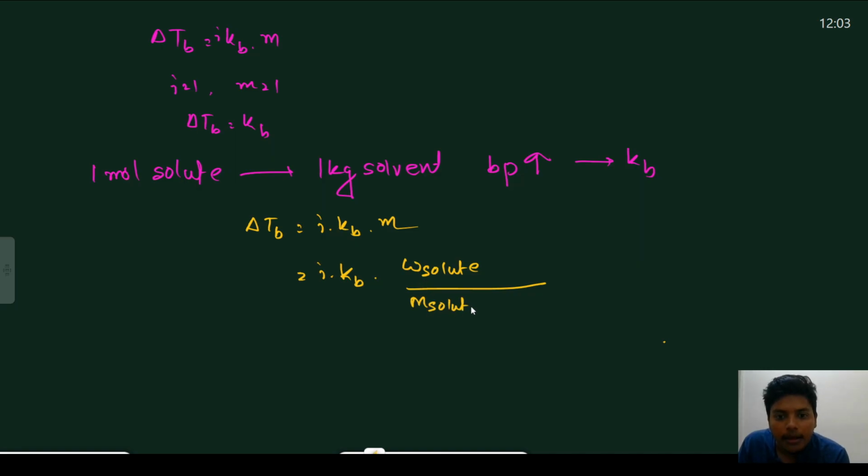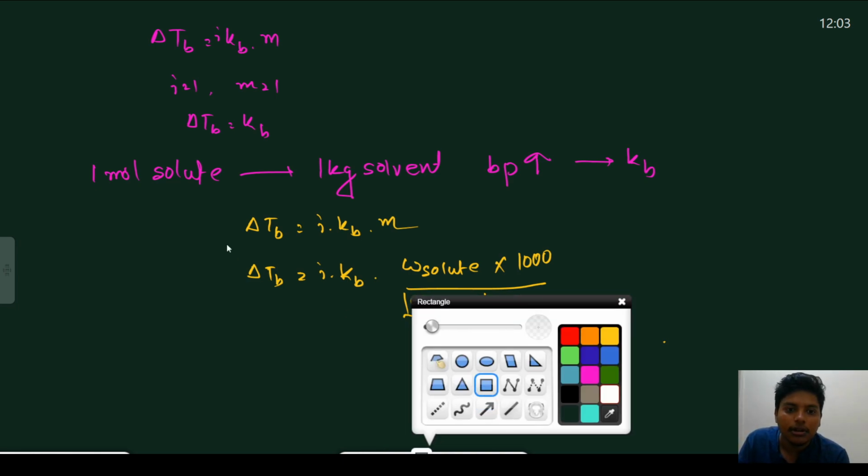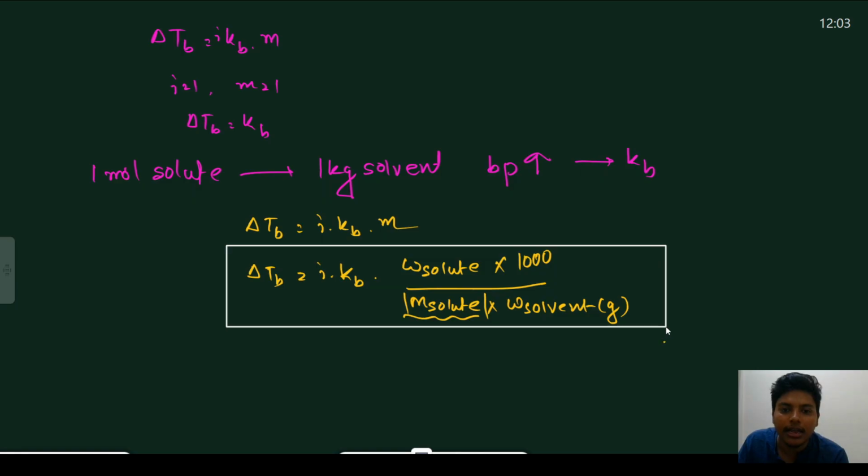Yes or no? And mass of solvent is obviously given in gram, so 1000. Clear? Yes or no? So here delta TB is given, Kb value given, i value given. So we can easily find out mass of solute. Yes or no? Tell. Yes. So remember this equation: delta TB is equal to i into Kb into mass of solute into 1000 by M of solute into W of solvent.